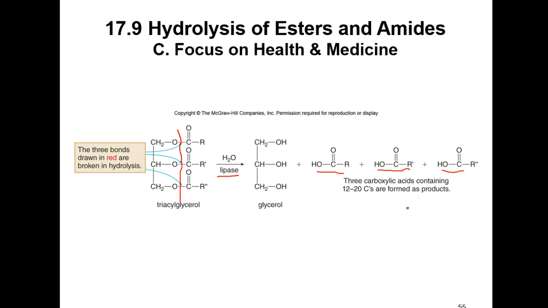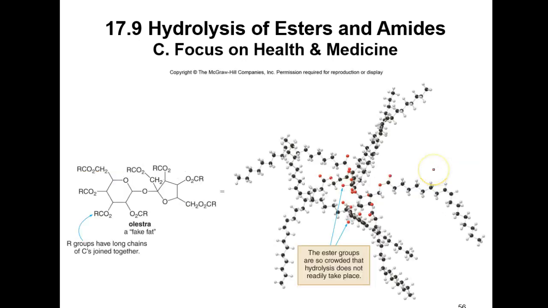Why are they called fatty acids? Because your R groups are 12 to 20 carbons long. So it's the fat part, the hydrophobic part, and it's an acid because it's a carboxylic acid. So these are called fatty acids. That would be the other name for these once you hydrolyze off the ester groups.